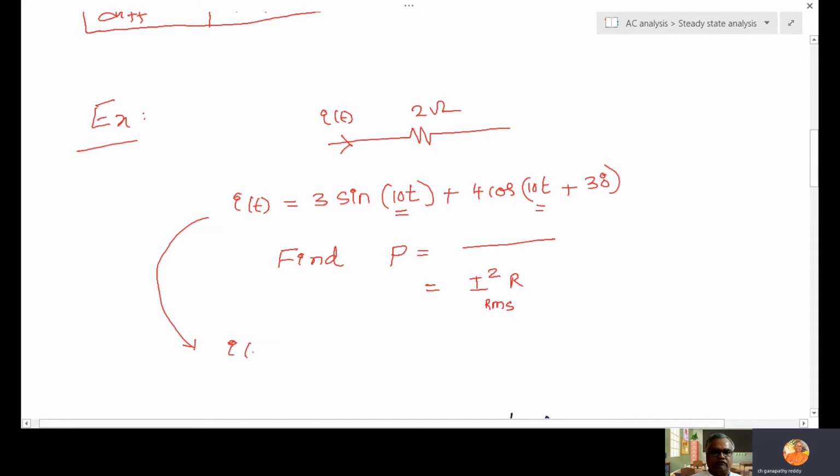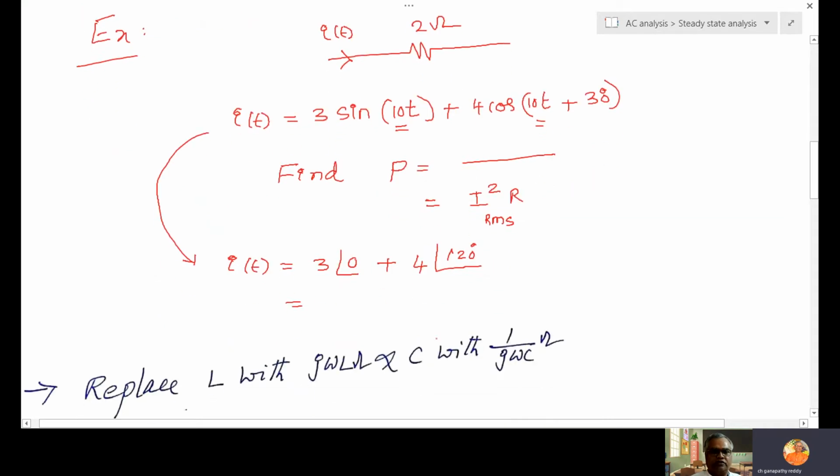Using phasor form, this is 3 angle 0 plus 4 angle, converting cos into sine, 90 plus 30, so 120 degrees. I mean, combine using phasor form.